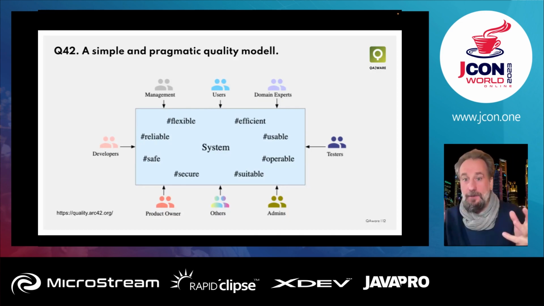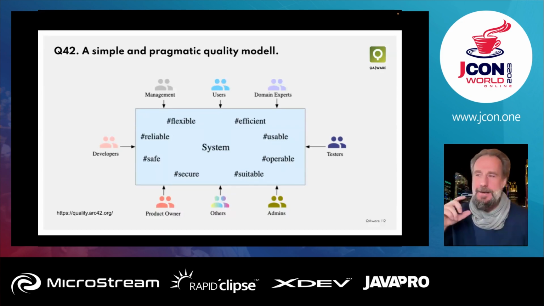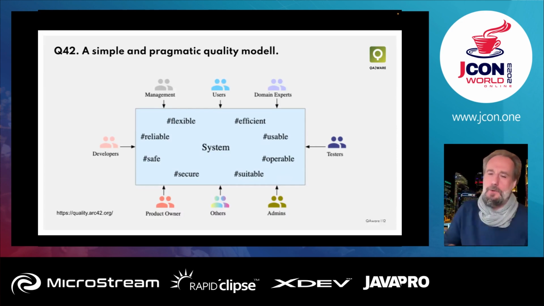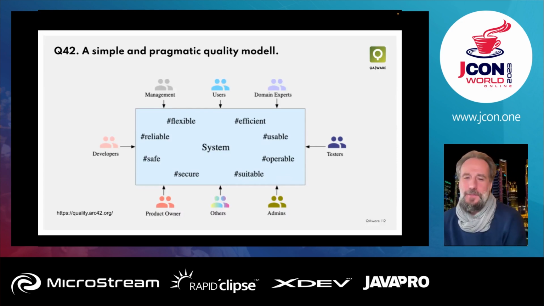If you use these words and you talk to different stakeholders, like your product owner, your ops team, your SRE teams, your testers, your domain expert, or your end users, possibly, each and every one of those stakeholders understands something slightly different.